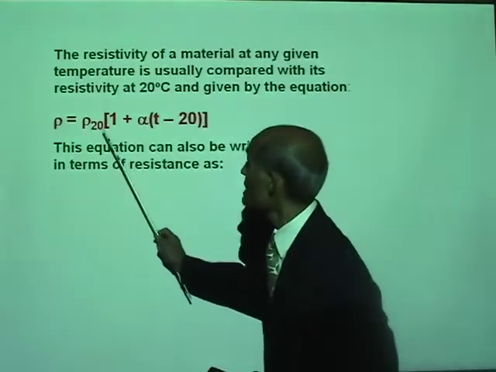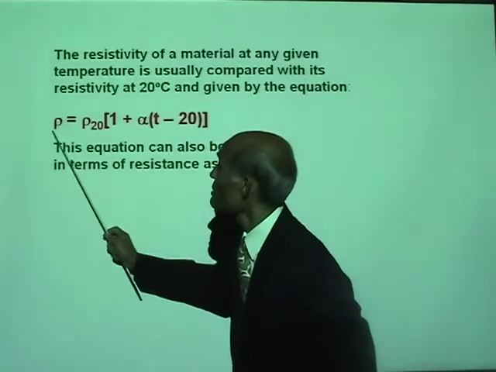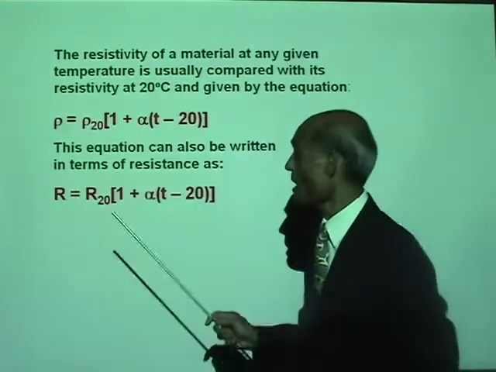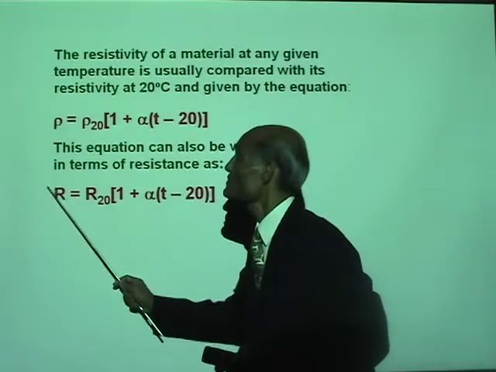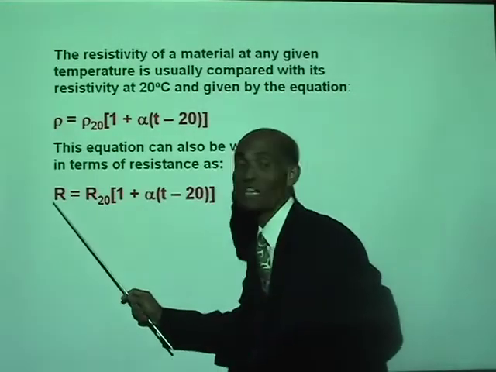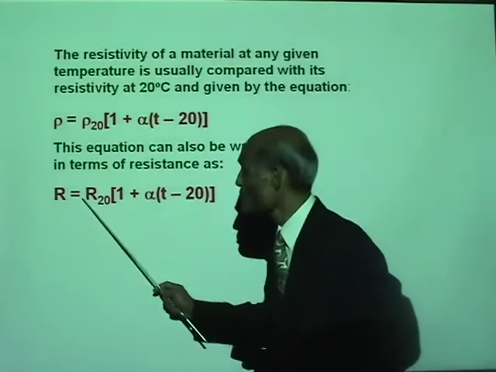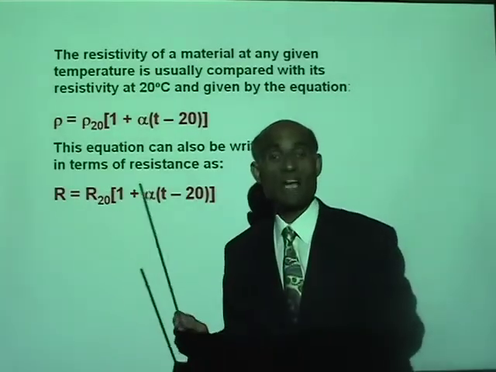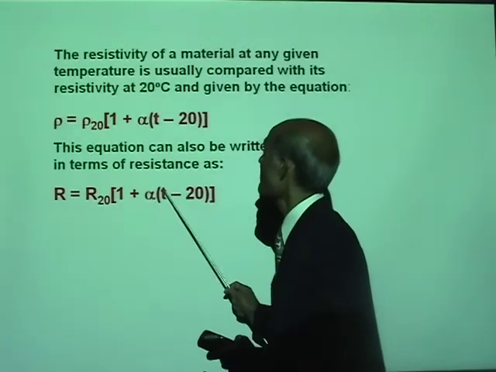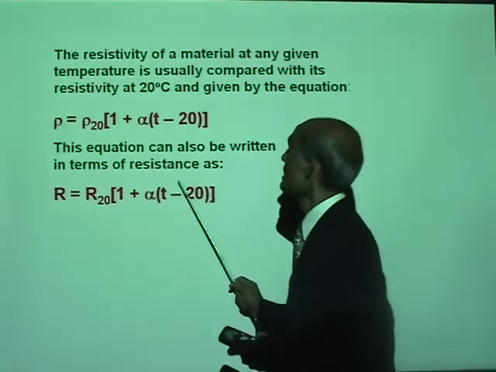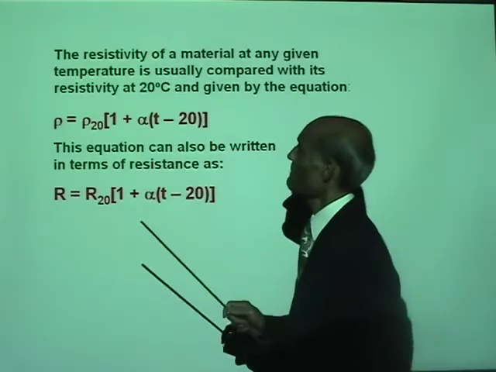You can also write this equation replacing rho by the resistance R. Look at this. R equals R20 times 1 plus alpha (T minus 20). Resistance at any temperature is R. R20 is the resistance at 20 degrees Celsius, and T minus 20 is the change in temperature.